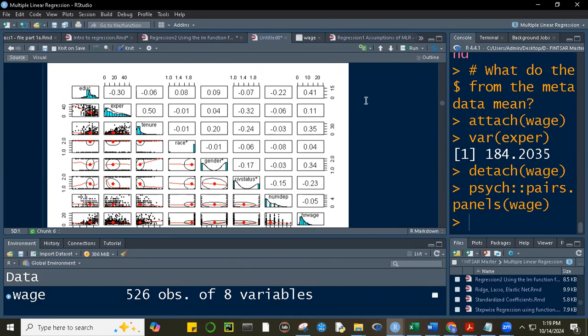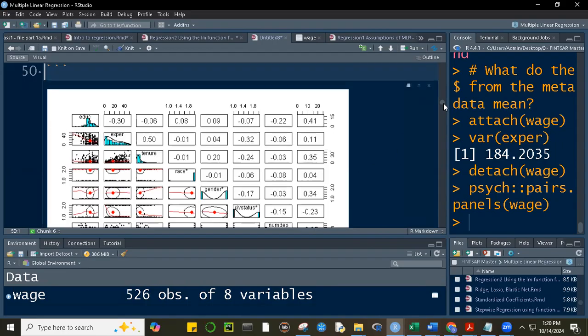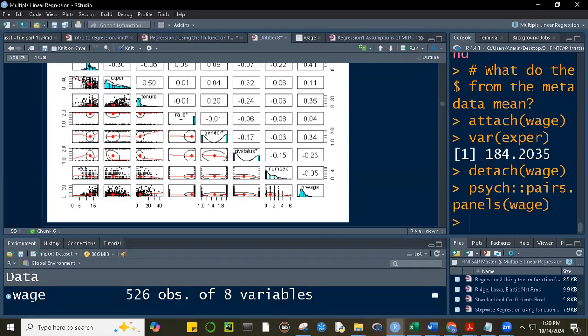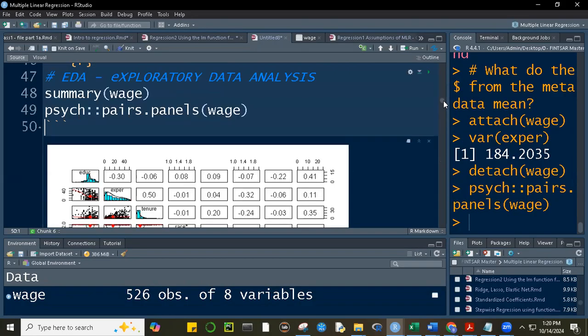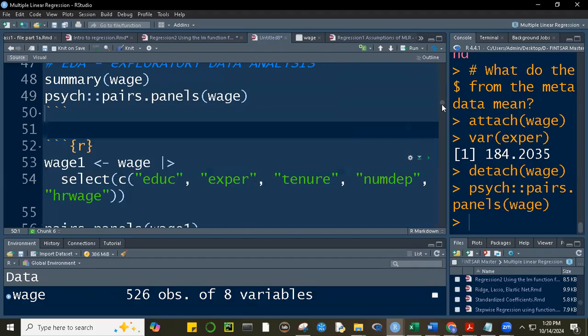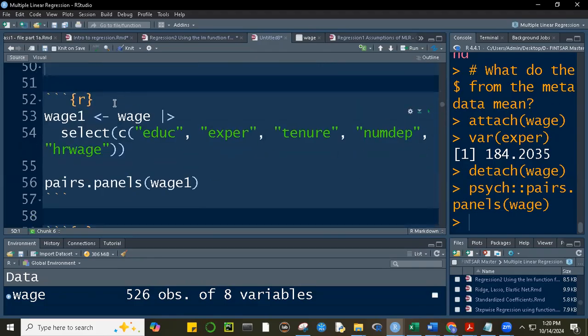Okay, and we said that this one, yung race, education, yung correlation niya does not mean anything kasi si race, gender, at saka civil status, these are character variables. So ang ginawa lang dyan, kinonvert lang into numbers yung race, gender, civil status, kaya nagkaroon siya ng correlation. So we don't want that actually. So maybe what we did last time was to create another object, wage1, okay?